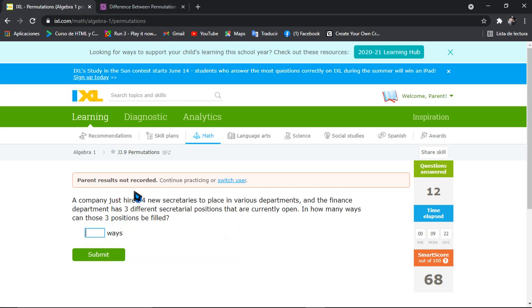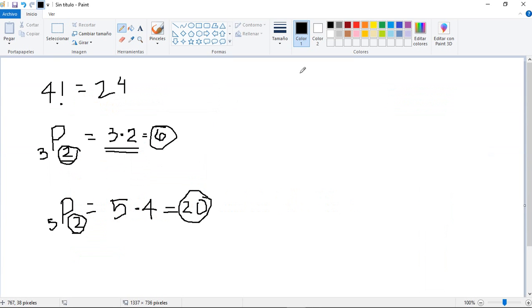Okay, so we have 4 and 3, sorry. So permutation with 4 and 3 equals, so we are going to use 3 numbers, 4 times 3 times 2, and actually it will be the same as times 1, it doesn't matter, so it is 24.